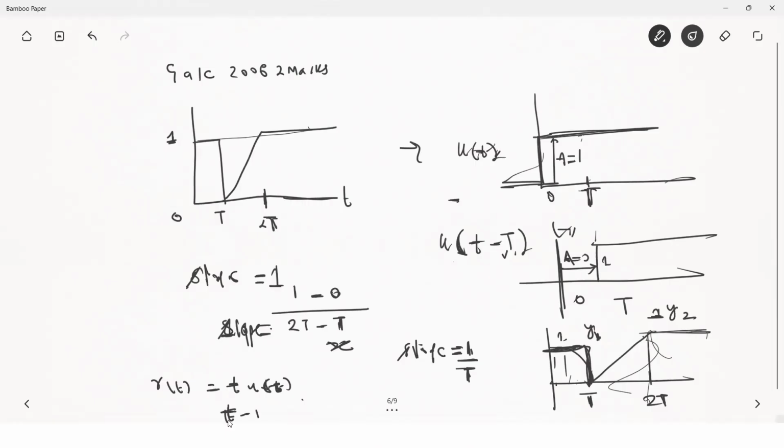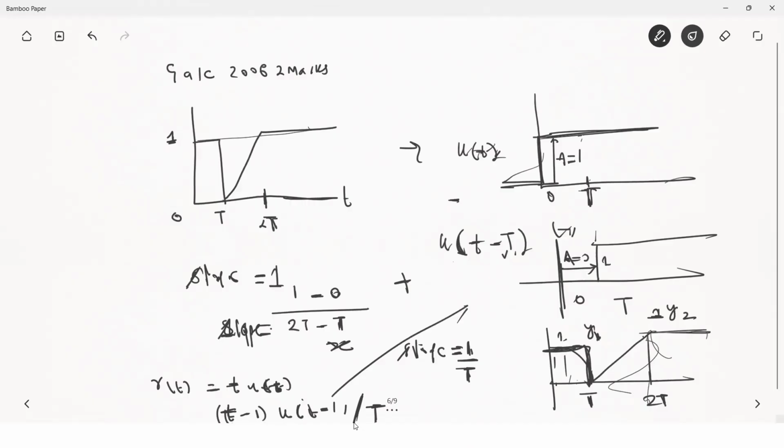And here also you multiply it with u of t minus 1, correct? So you need to add this, and the slope also divided by t, right? So you add this increasing ramp slope there. That is this function you need to add there.